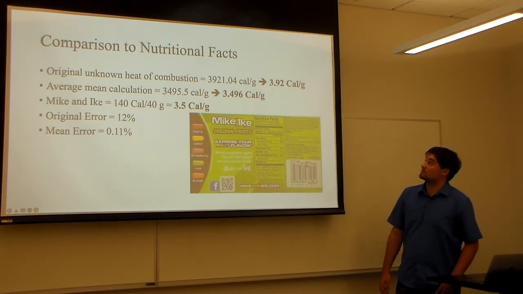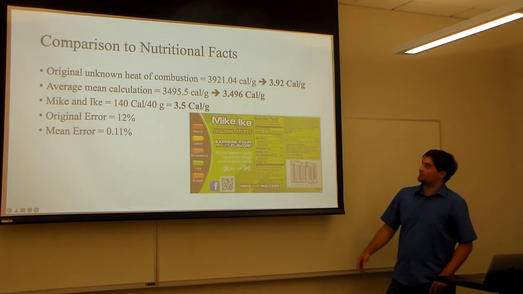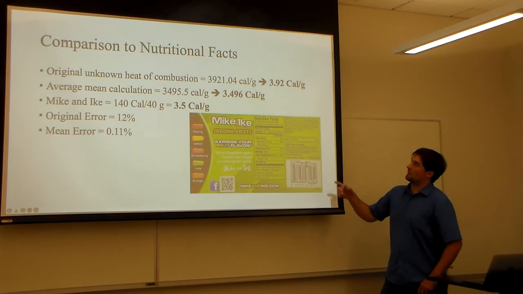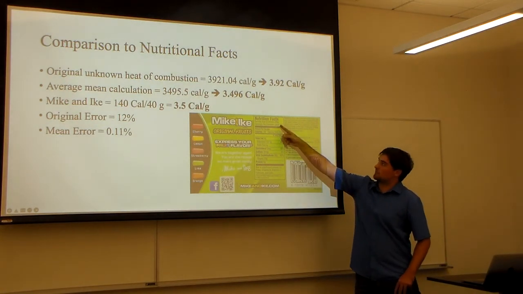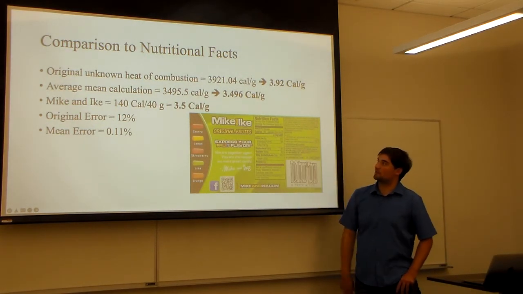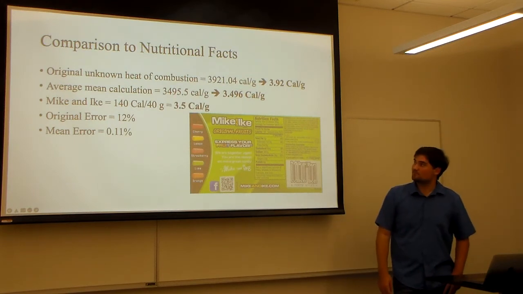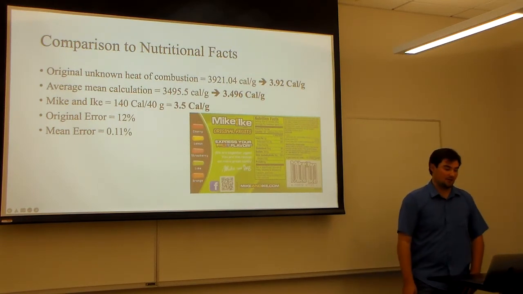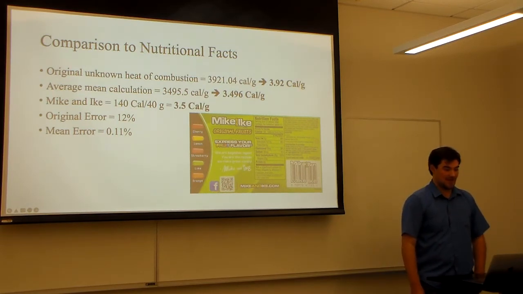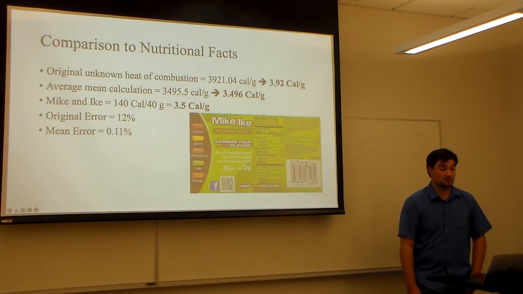And when comparing that to the actual nutritional facts label of the Mike and Ike, which I got that calorie per gram by going to see what the serving size was and how many calories was in that serving size, I was able to get an error of about 0.1%, which I was very happy with. It was very close. And the original error based on our original calculations, not including that mean, was about 12%, which is still pretty good.